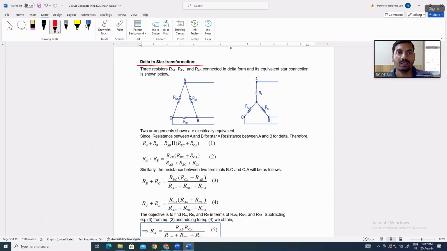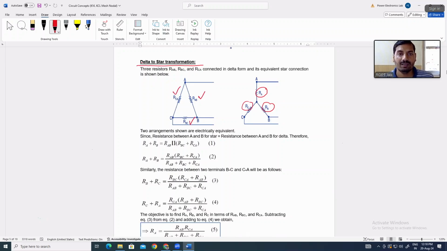In delta to star conversion, we will convert the circuit which is in delta into a star. This is a delta network, this is a star network. Ultimately we have to calculate the value of the elements connected in a star, and the elements connected in delta must be given.